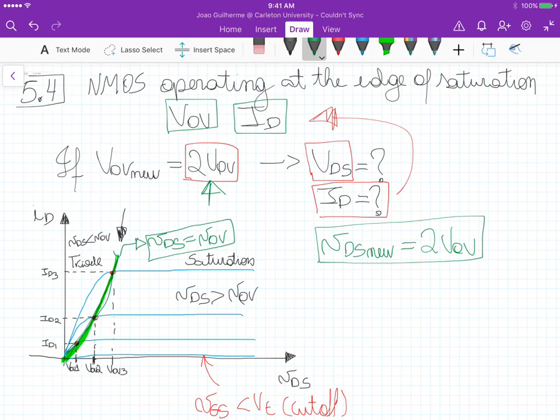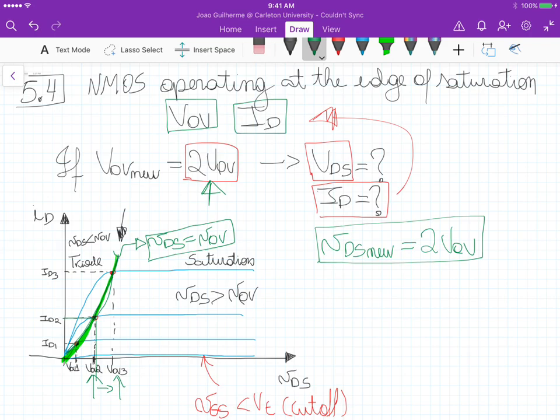Now, because we are changing the overdrive voltage, suppose the first overdrive voltage is this voltage here, and we are increasing to this one here. So what happens to ID? Now, if you look at this curve here, we have ID2 for some known overdrive voltage.